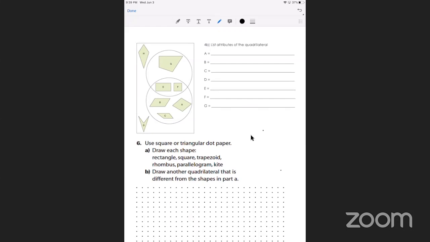So I believe these are sorted into have parallel sides. And this has perpendicular sides.